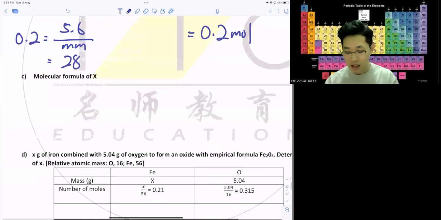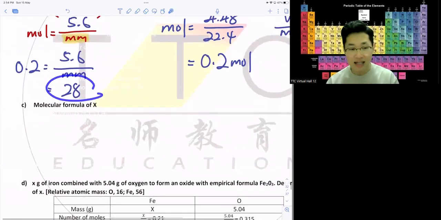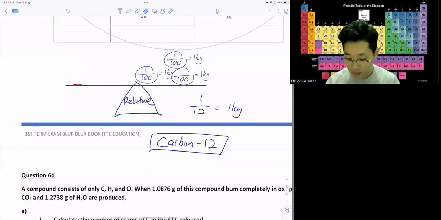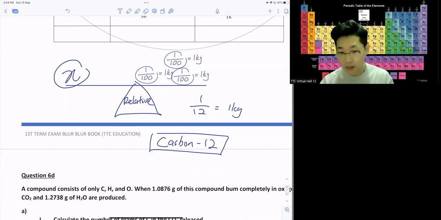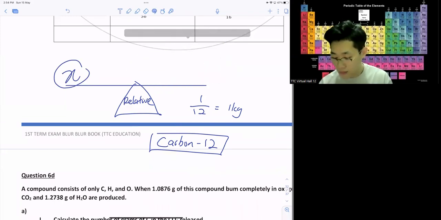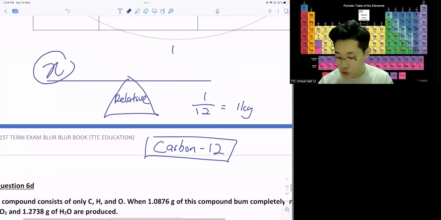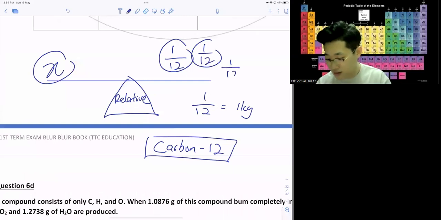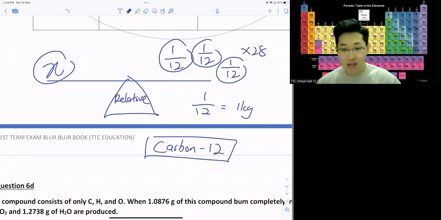In order to make this substance balance, what is this? X. I need 28 of them to make this thing balance. So the relative mass will be 28.